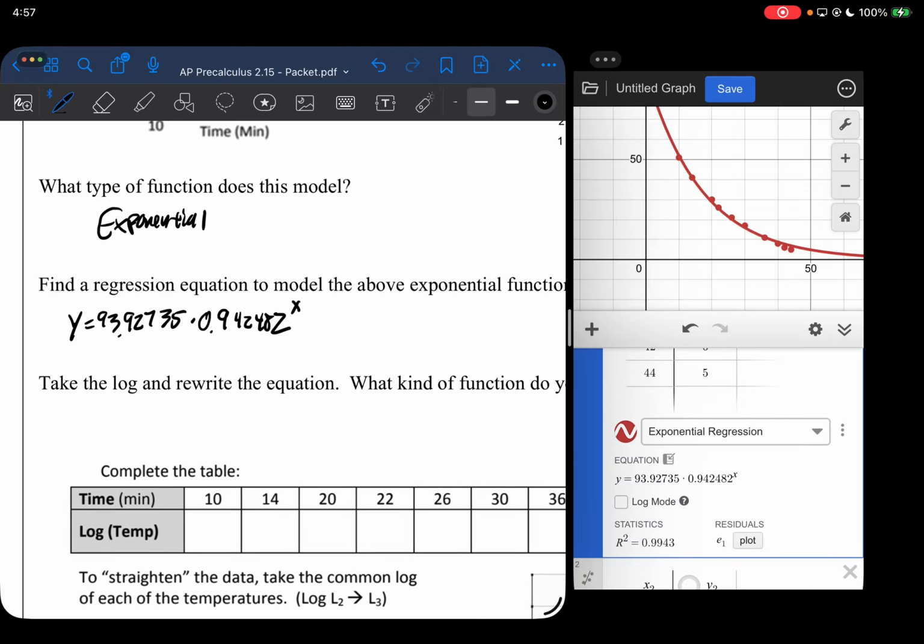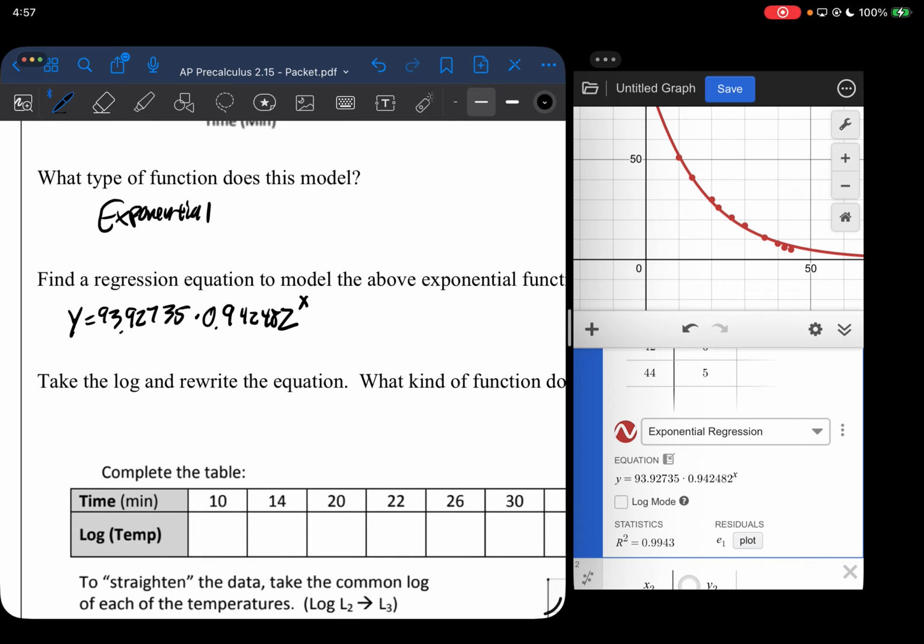Now, it says take the log and rewrite the equation. So what that means is we're going to take the log of this equation. Log of y is equal to log of this whole expression, 93.92735 times 0.942482 to the x.